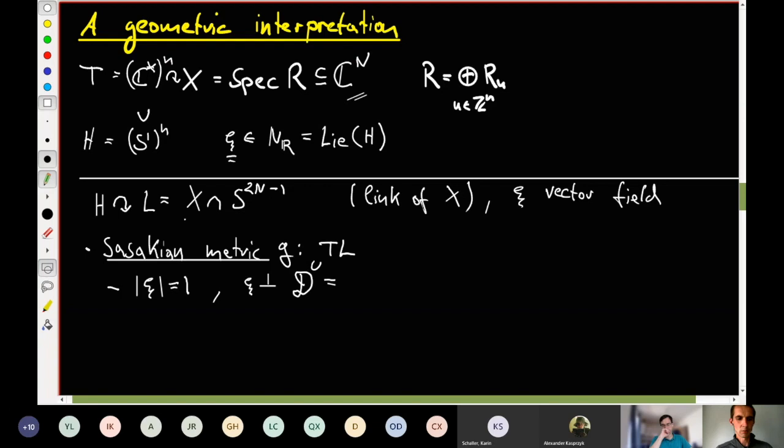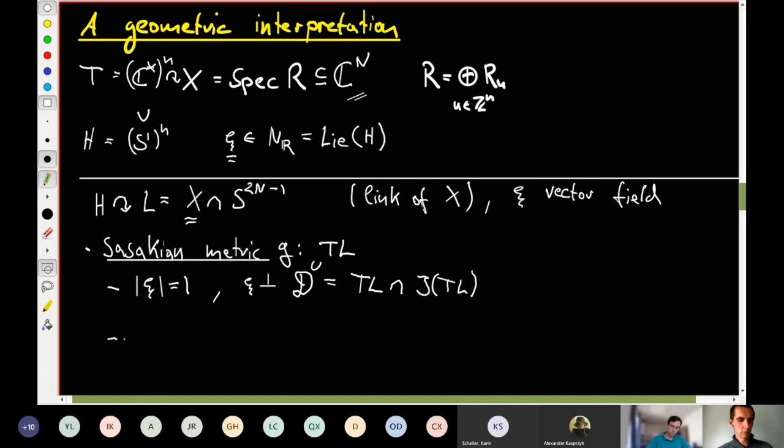This is a complex variety, so outside the singularity we have a complex structure around, and we can just intersect TL with J applied to TL. The tangent space of L inside the tangent space of X is not preserved under the complex structure, but there's a hyperplane which is, and I'm going to call this hyperplane D. And I want psi to be orthogonal to this hyperplane.